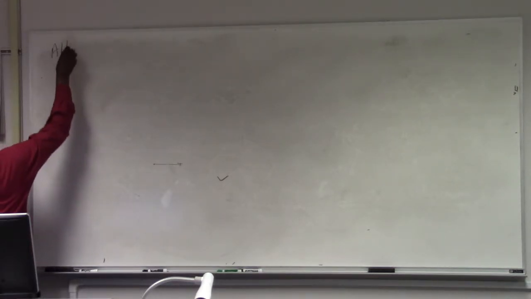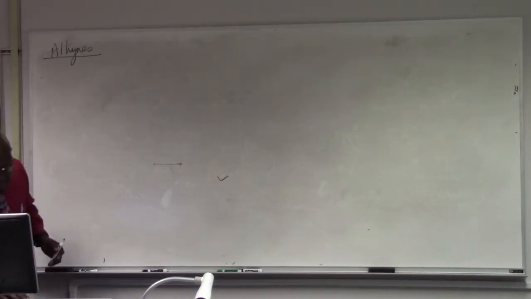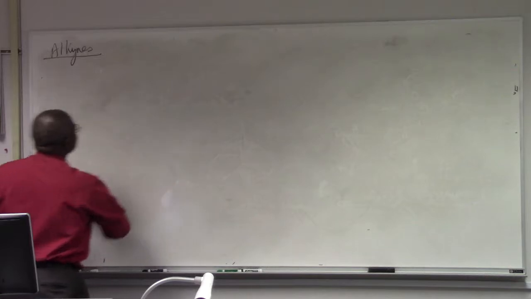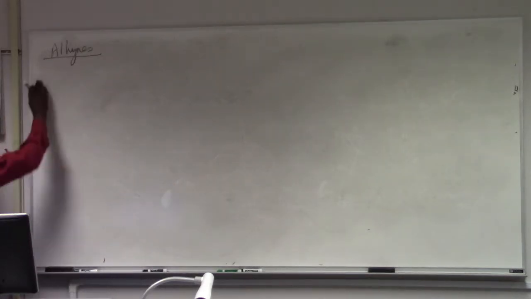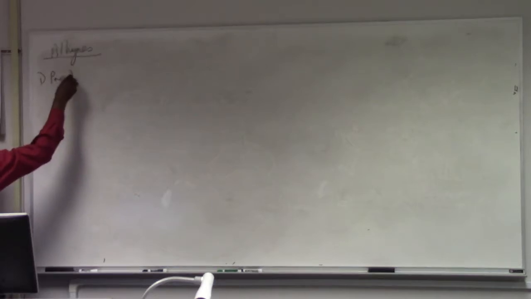So let's talk about alkynes. And the nice thing with alkynes is alkynes give the same chemistry that alkenes give. They're very much alike. So almost everything we did for alkenes applies to alkynes. So let's talk about the preparation of alkynes.